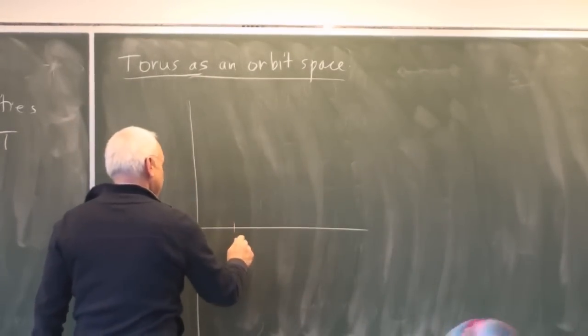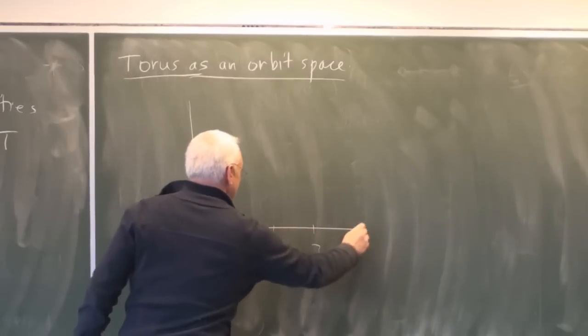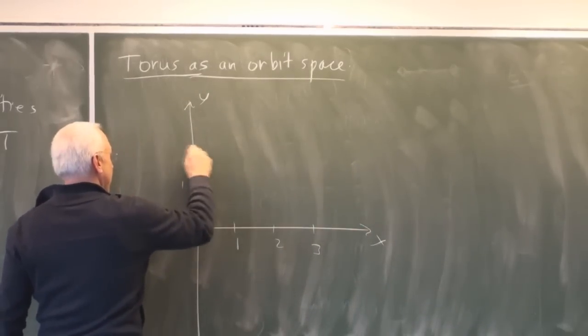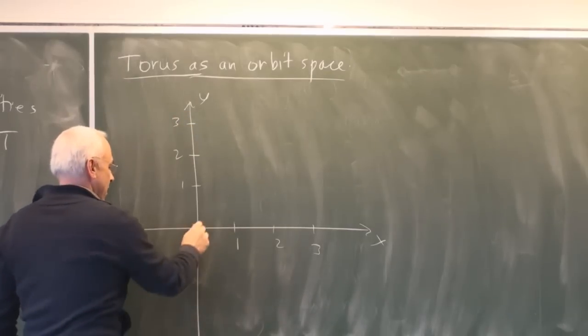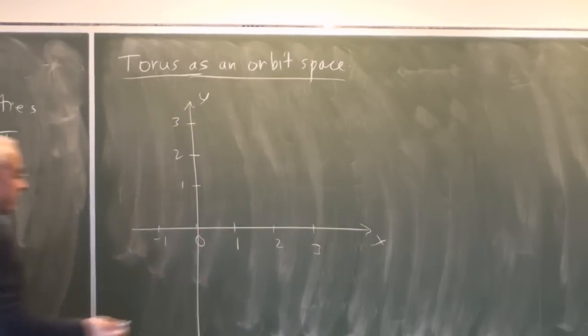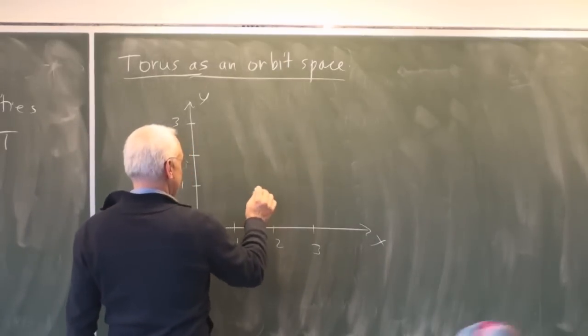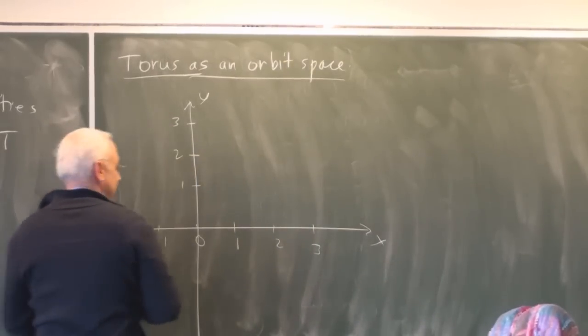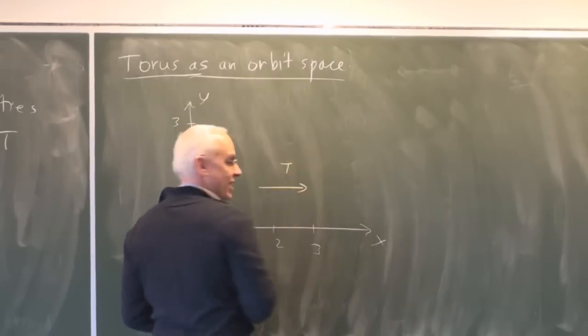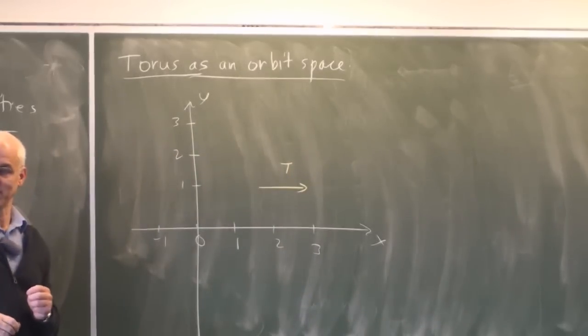We start with our plane. And then we have our standard translation, the one that we called tau before. Let's keep it. So tau is still translation by 1 to the right.